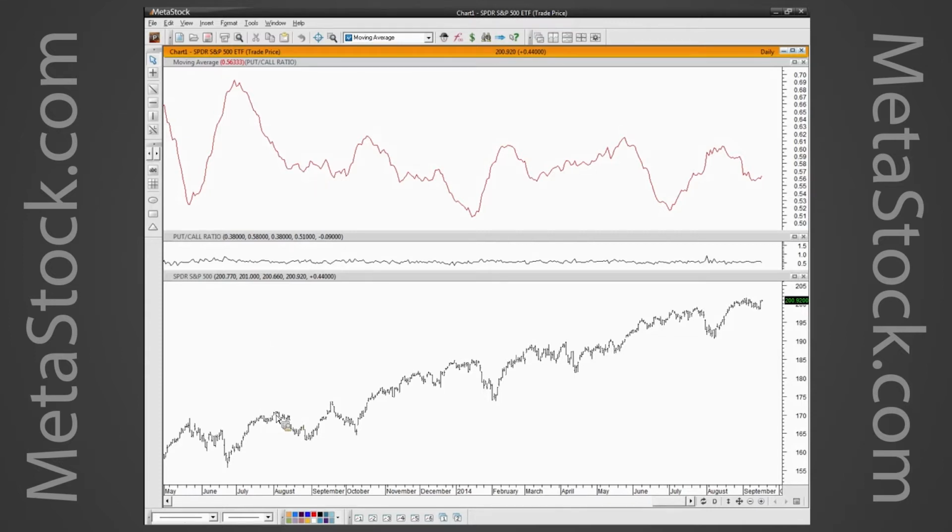And over here we see the same thing, a very low point in the put-call ratio just before a market top, and then a peak in the put-call ratio average coinciding with the market bottom.